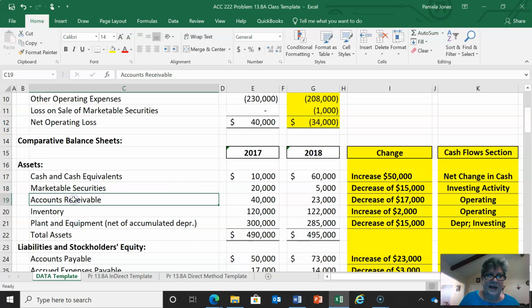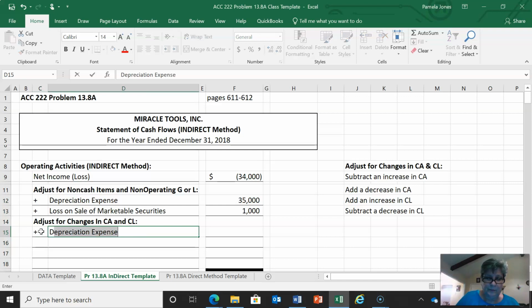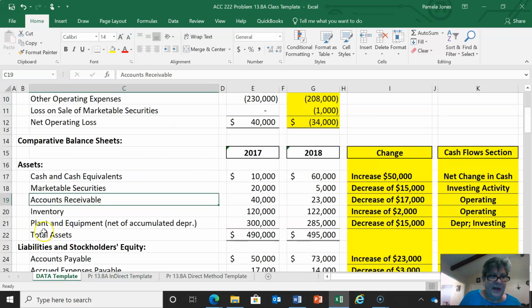So we cut down to accounts receivable. Accounts receivable decreased by $17,000. So if accounts receivable decreased, we're going to add that. And next item, inventory.